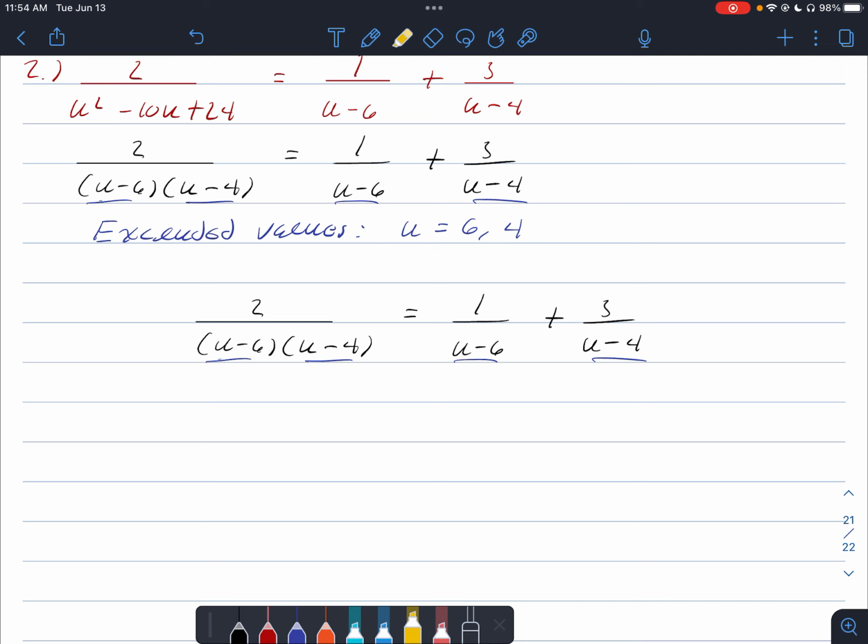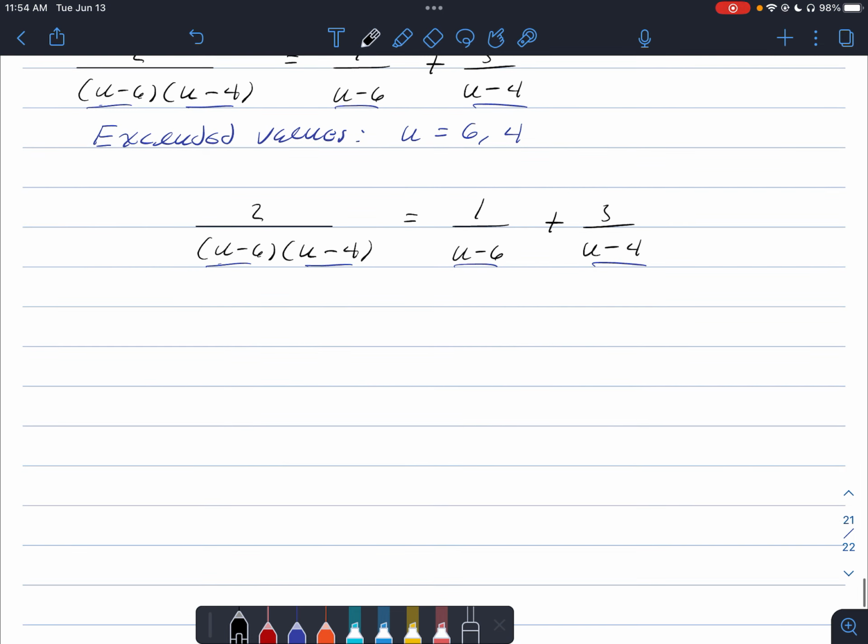Let's multiply this by the least common denominator, which in this case is u minus 6 times u minus 4.